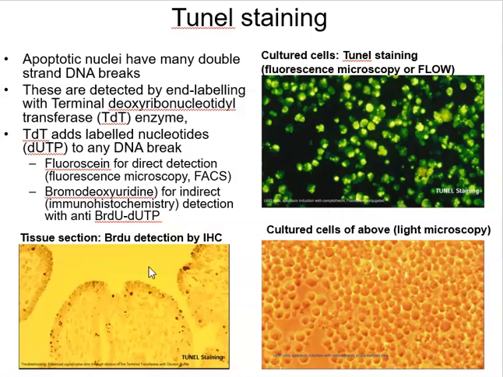You can also do this on tissue sections. So this is immunohistochemistry detecting bromodeoxyuridine labeled deoxy-UTP.